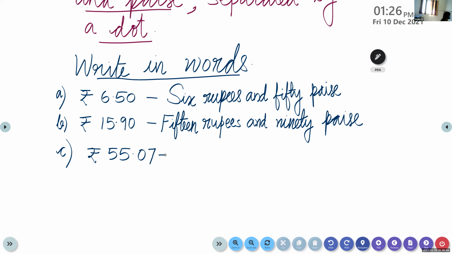55 rupees. Fifty-five rupees. And here it is 07, that means it's 7.